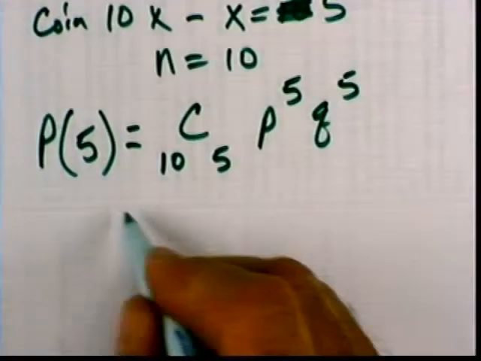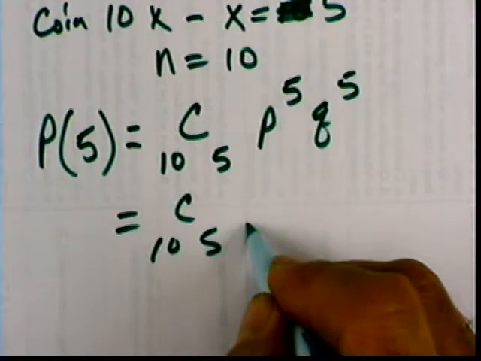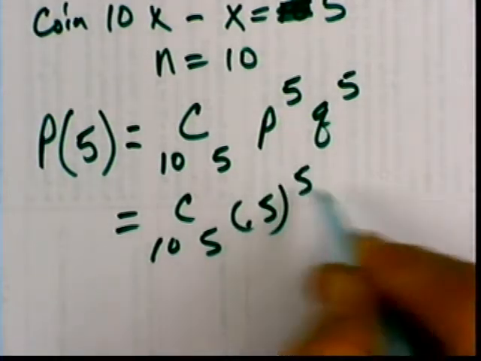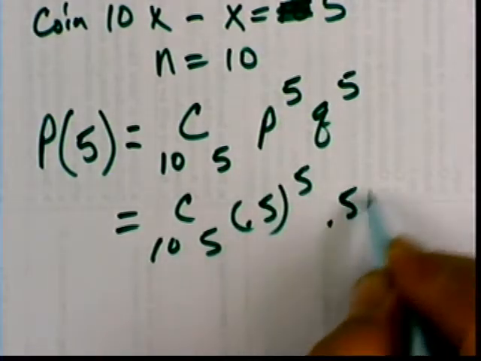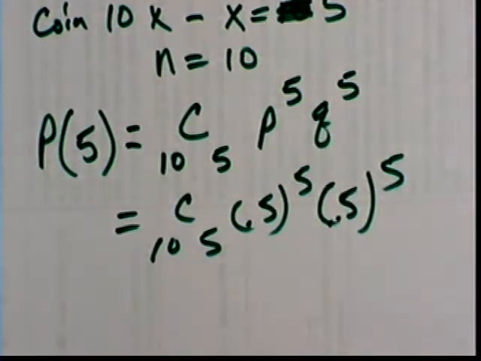So put the numbers in: 10 taken 5, 0.5 to the 5 times 0.5 to the 5.